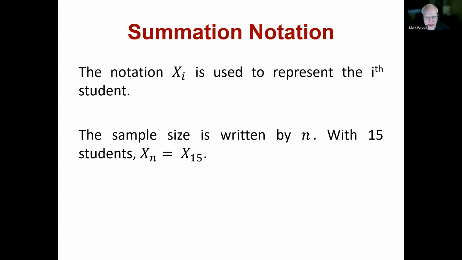So if you say Xn, it means the last observation. So in our particular case, we are talking about 15 students, so the last observation is the 15th student. So Xn is equal to X15. If we had 30 students, Xn would be equal to X30, and so on and so forth.